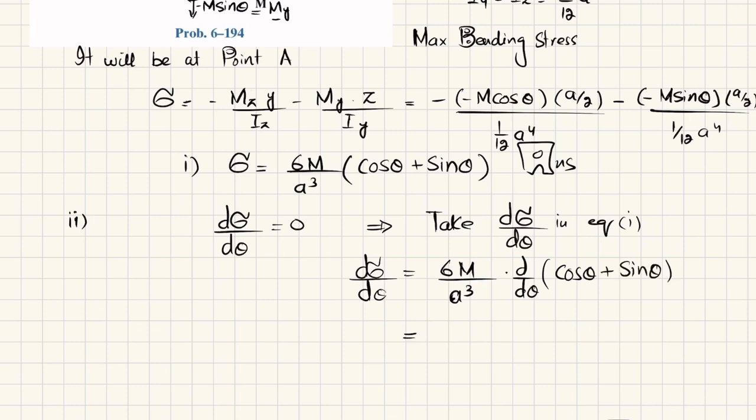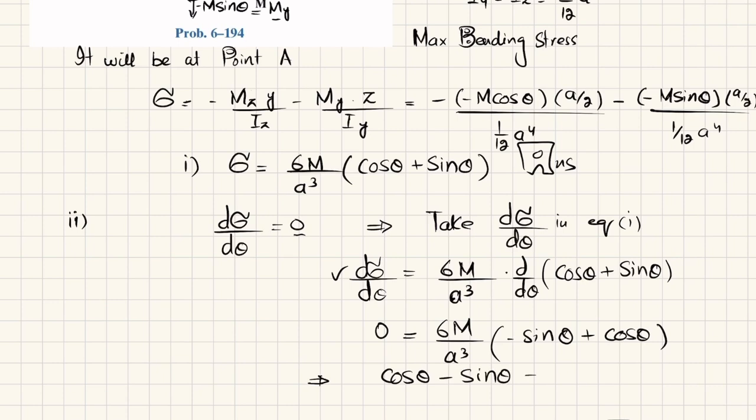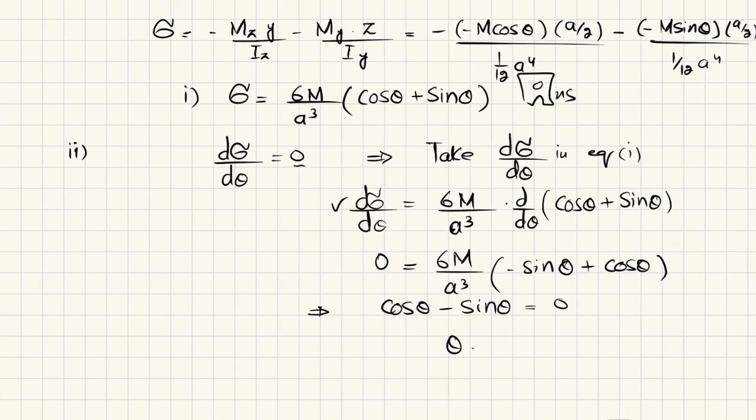This d sigma over d theta should be equal to 0. So 0 is equal to 6M over a cubed, and the derivative of cos theta is minus sine theta, plus the derivative of sine theta is cos theta. From here you will get cos of theta minus sin of theta is equal to 0, and theta will be equal to 45 degree.